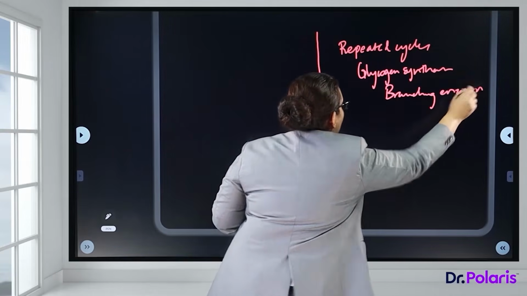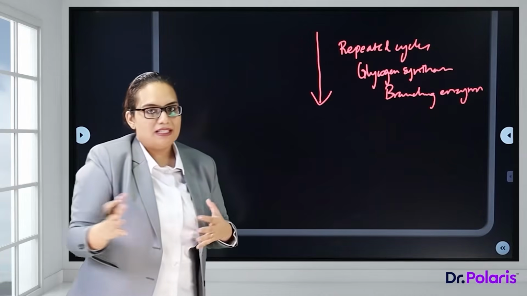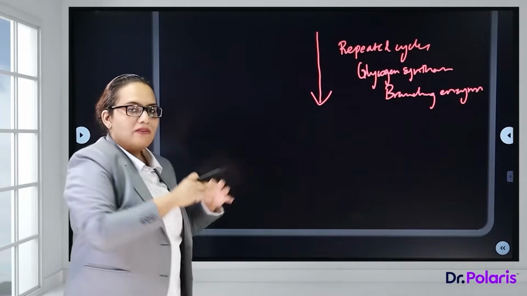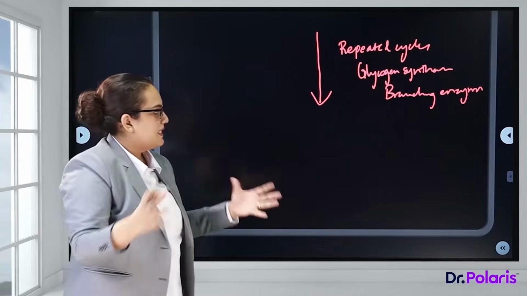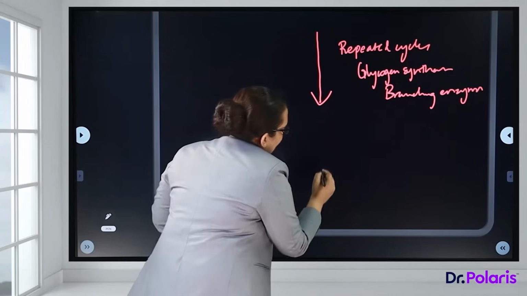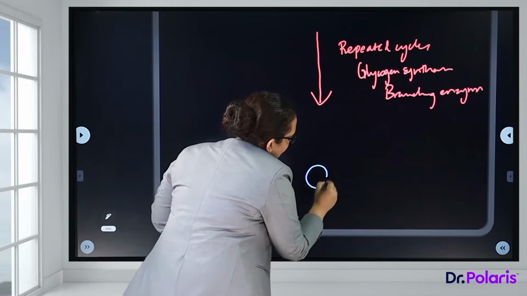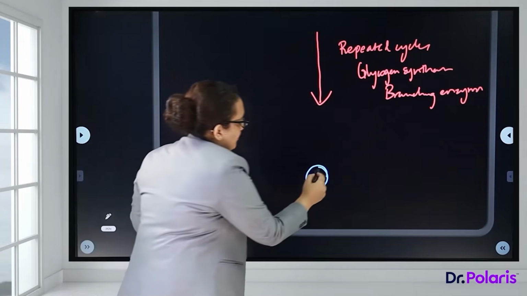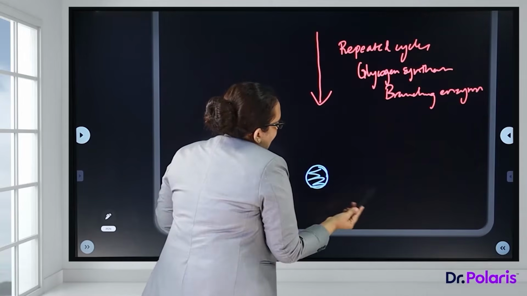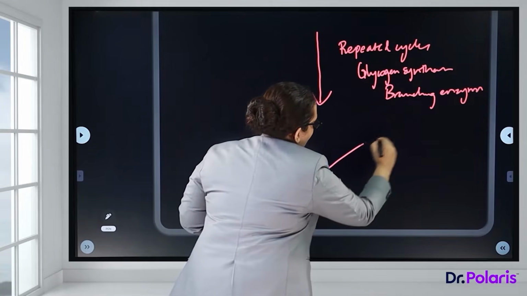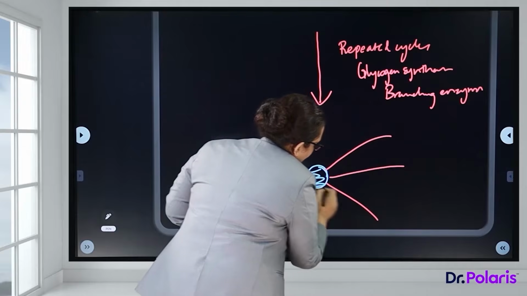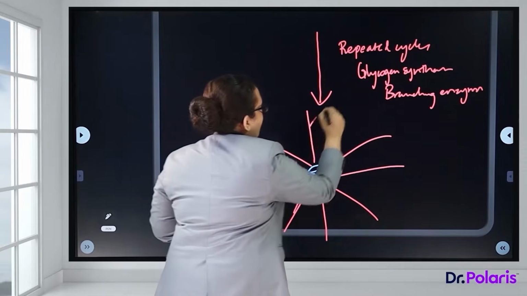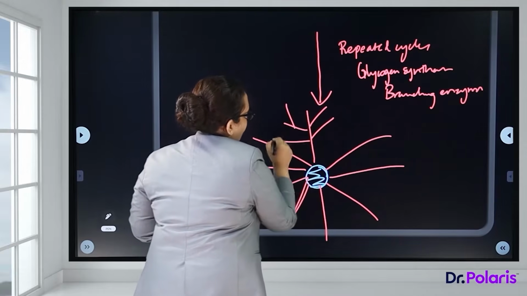And then you will have the end product, which is glycogen, after several steps have occurred like this, where you have straight chain, branch points happening, and then you will get something like this. So you will have glycogenin, the protein, at the center or the core, and then you will have a structure like this. With several branch points.